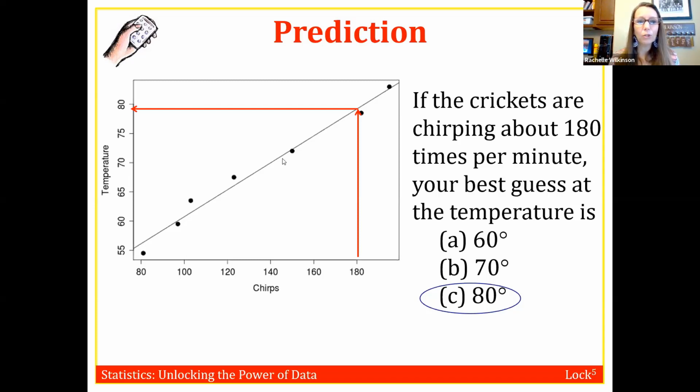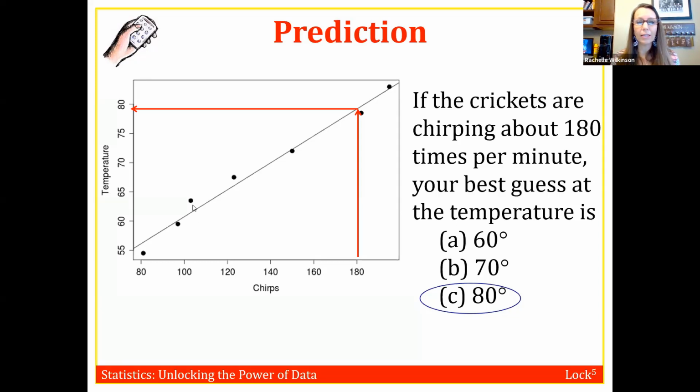And if you look at this data here, these points fall pretty close to the line, which means that we're probably going to be getting some fairly accurate predictions out of this model. To understand how accurate our predictions are, we look at the distance from the point down to the line.